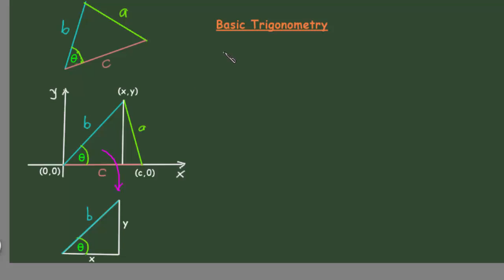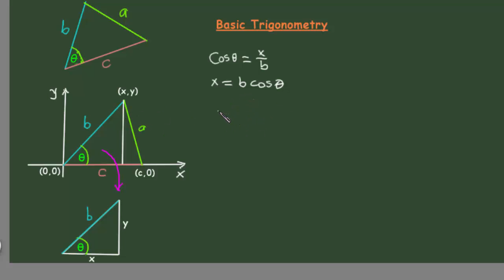By definition, the cosine of theta is equal to x over the hypotenuse, over b. So the cosine of theta equals x over b. And by multiplying both sides by b, we have x equals b cosine of theta. So this is the x coordinate of that point.